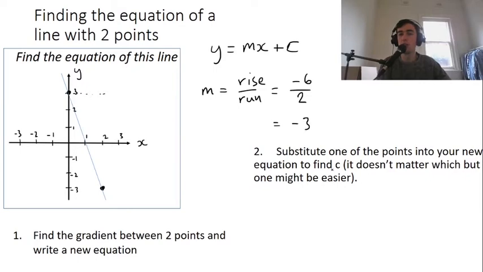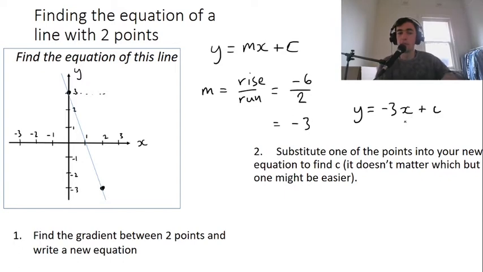All right. Now, what this means is we actually can write a new equation. We're one step closer. We don't have to write y equals mx plus c. We can replace this m with -3. So let's do that. Let's write this new equation. Oops. We're replacing the m with -3.